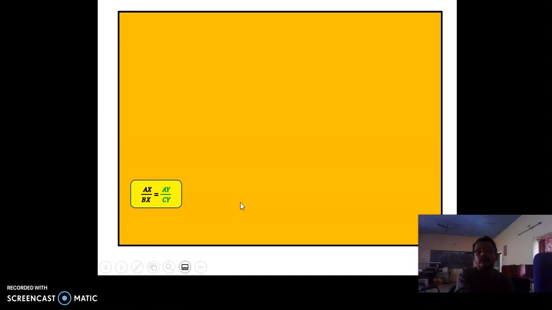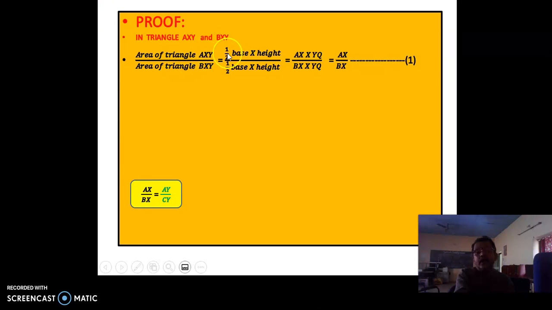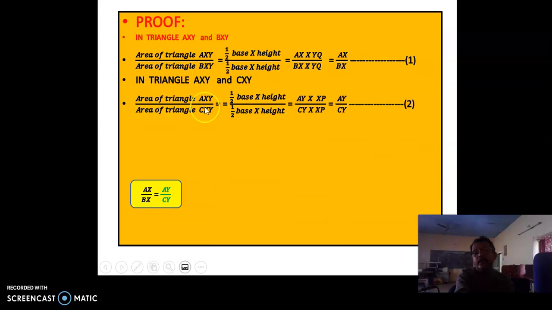That is the proof. Similarly, in triangles AXY and BXY, half base into height, half base into height, half cancels, AX by BX, height YQ cancels, AX by BX. This is equation 1. Similarly, area of triangle AXY and area of triangle CXY, half base into height, half cancels, AY by CY, height XP cancels, AY by CY. Here the area of triangle AXY is the same.